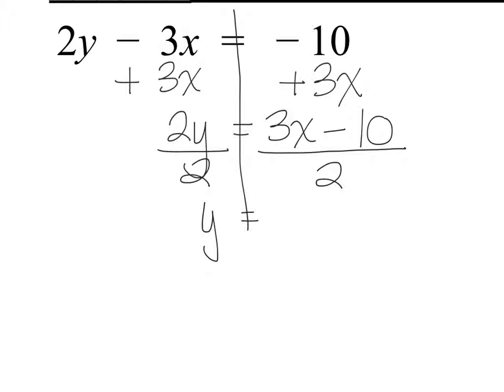Y equals 3 divided by 2x. Leave it as a fraction because that is your slope. And then -10 divided by 2. What is that? -5.